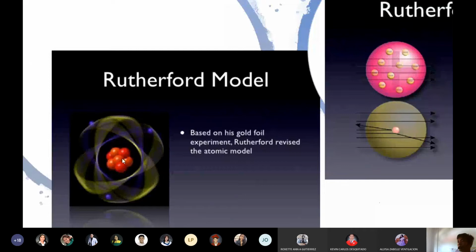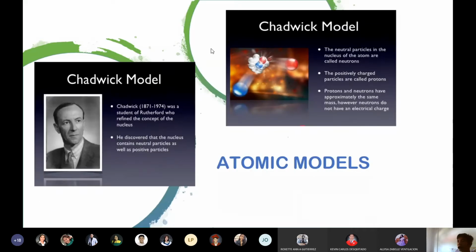So what Chadwick did was investigate the nucleus. He x-rayed the nucleus. I don't really know how he did that, but he did, according to the textbook and some articles that I read last time. He x-rayed the nucleus of an atom.